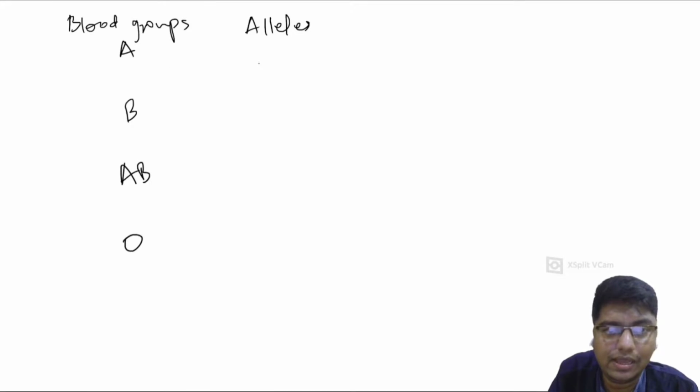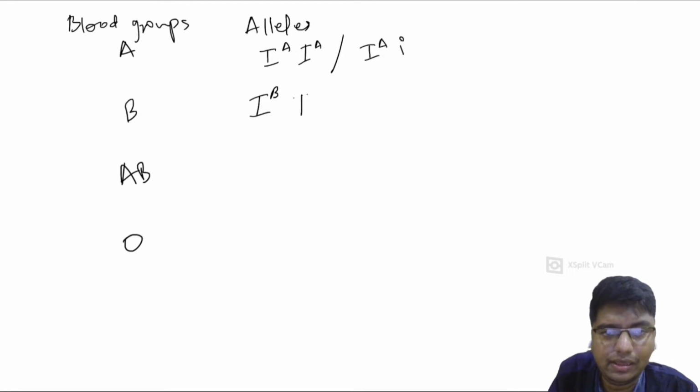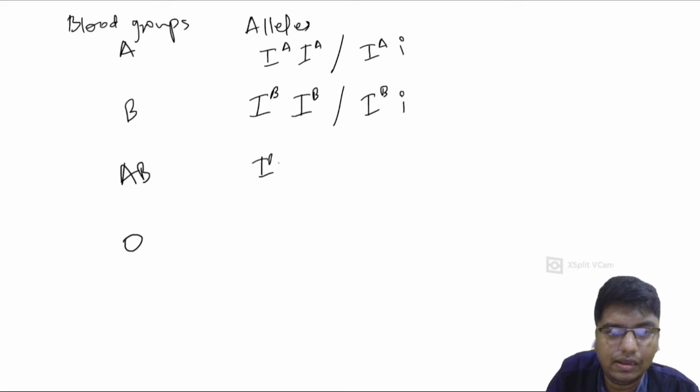For A, the alleles are IA, IA or IA, i. We have to understand this first, but I will write the other alleles also: IB, IB or IB, i.